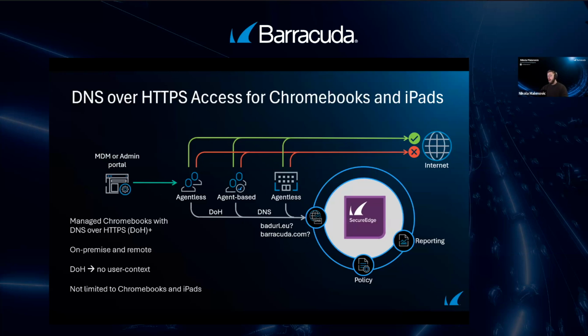For example, you have students and they get a tablet or a Chromebook, iPad, whatever, and you don't want to roll out an agent on all of these devices. And in this case, you can use DNS over HTTPS.